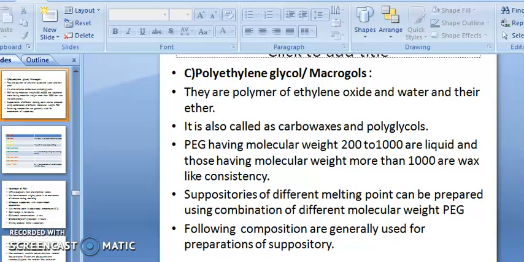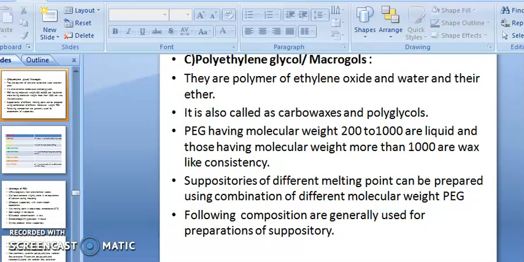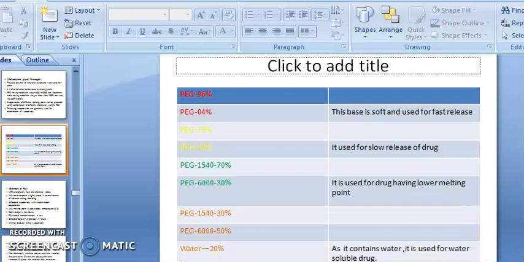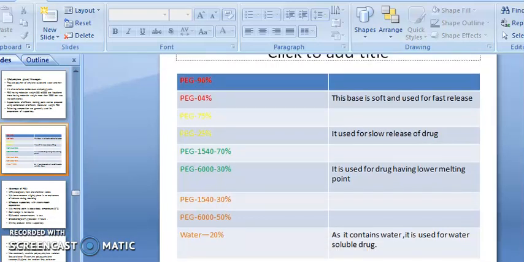The following compositions are generally used for the preparation of suppositories, as given by the IP standard. Polyethylene glycol 96% plus polyethylene glycol 4%.